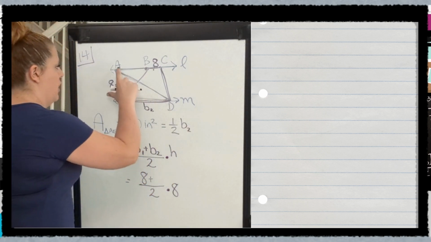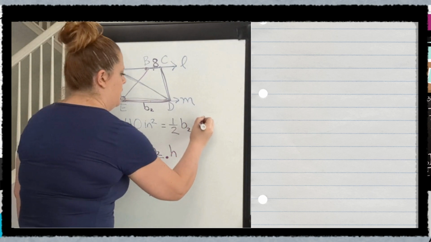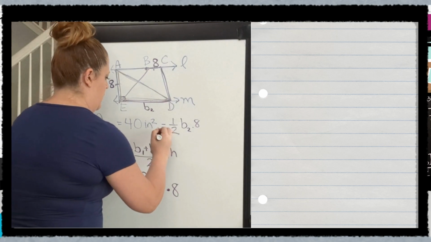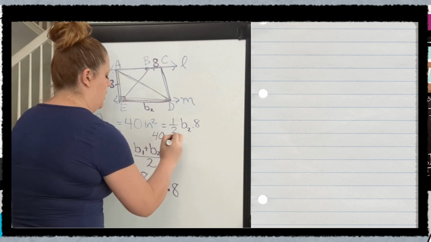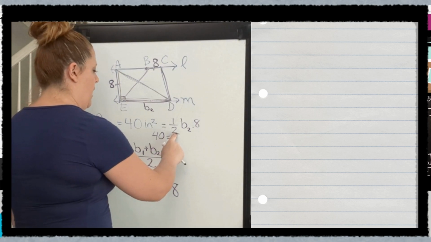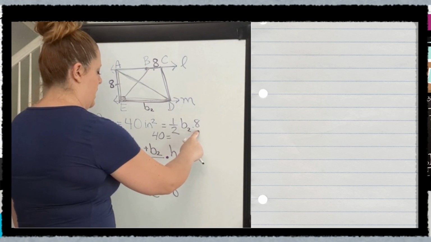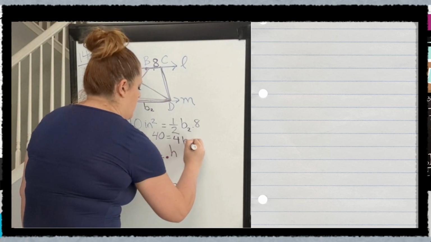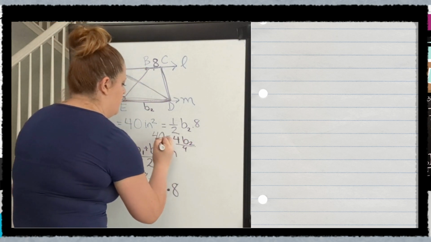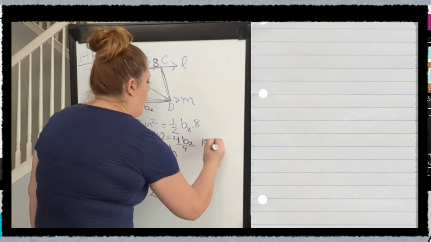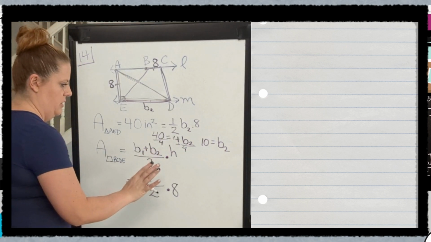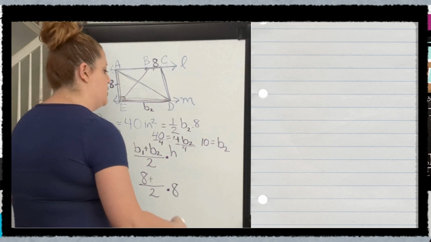And then our height on that triangle is 8. So simplifying this out and not writing the units, I have 40 equals 1/2 times B2 times 8. Well, 1/2 of 8 is 4. Divide both sides by 4. And 10 is equal to B2.